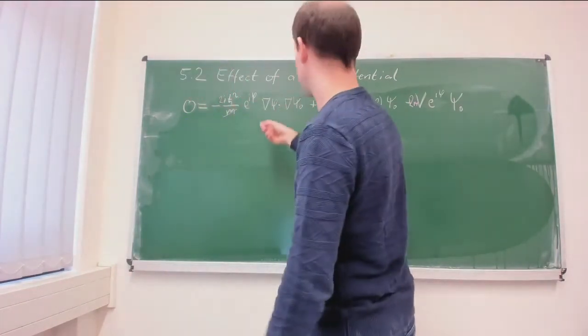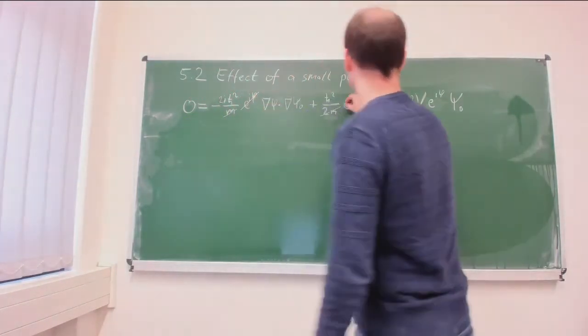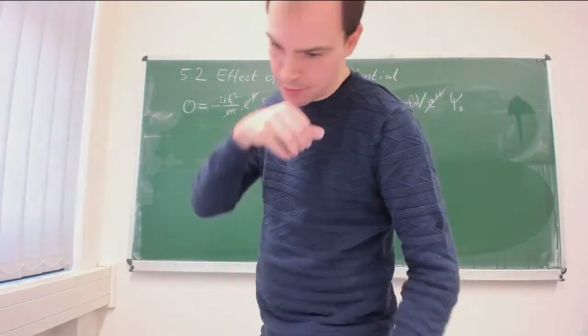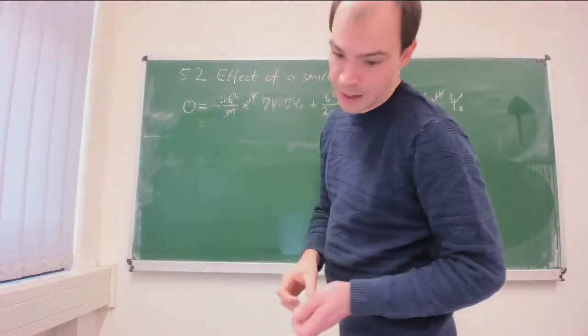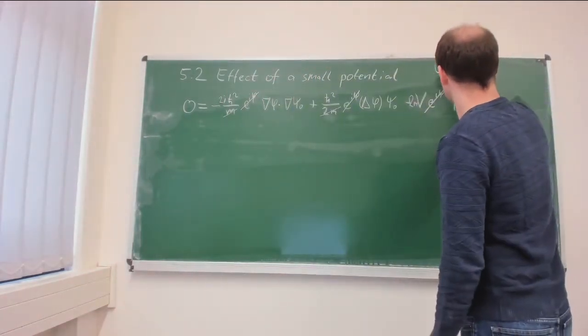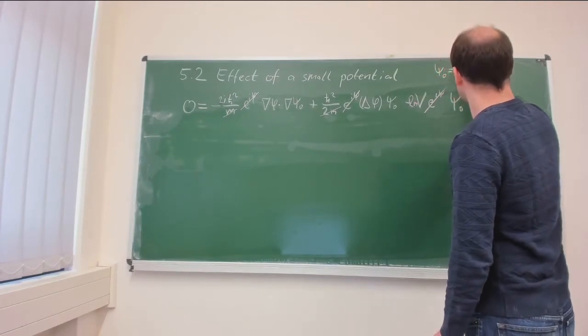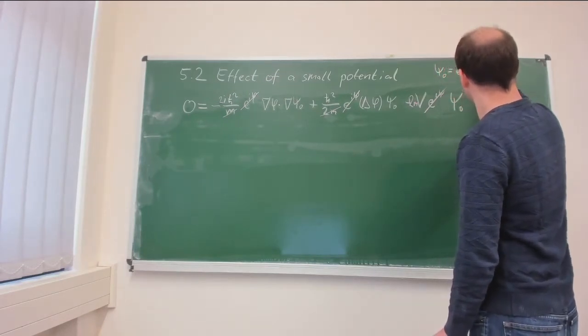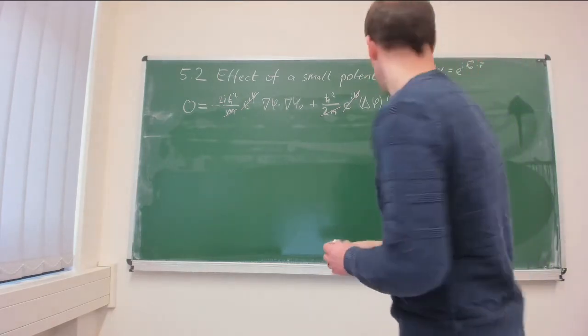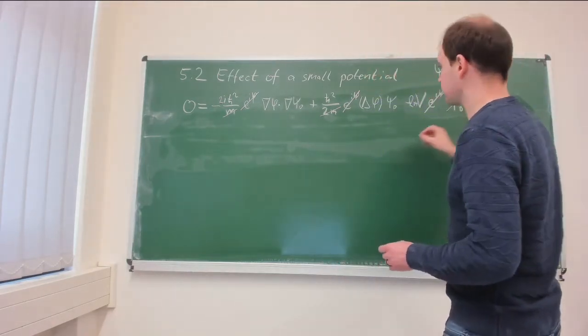And we can get rid of the e to the i phi everywhere. And now we insert our plane wave solution. So we insert psi 0 equals e to the i k0 dot r, and also divide by psi 0.